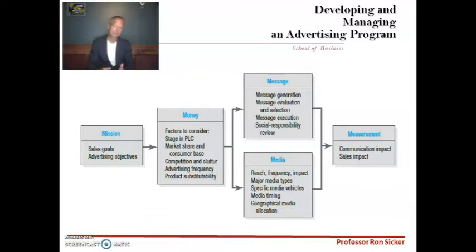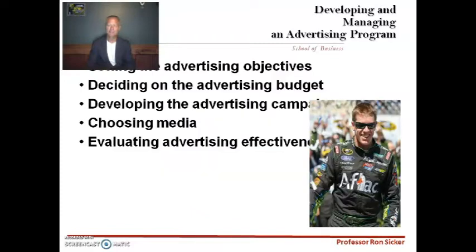What's going to be your impact, etc. And then finally, you've got to find a way, somehow, some way, to measure this. So developing the advertising program, first thing you've got to do is set the advertising objective, create the budget, develop the campaign, choose the media, and evaluate the advertising effectiveness.